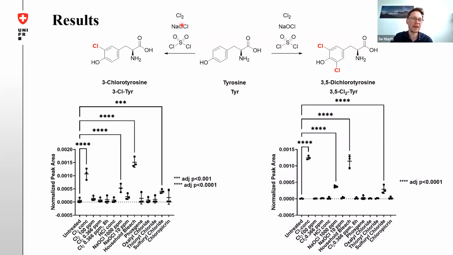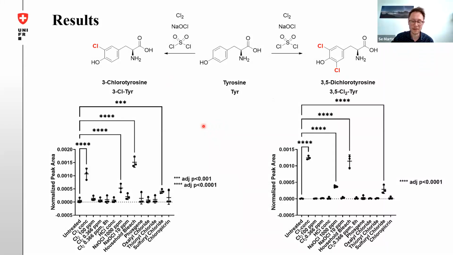So it seems that these chemicals were all forming the same adducts, which is important if you think about the chemical weapon. At this point, it seems that chlorotyrosines are not specific for chlorine, but only specific for these three chlorinating agents.